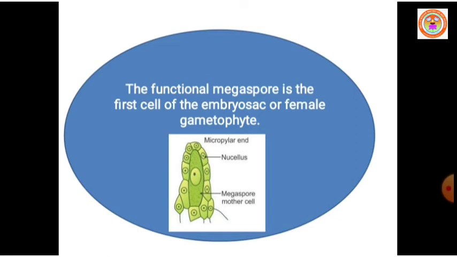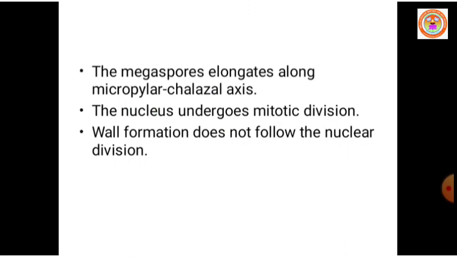The functional megaspore is considered to be the first cell of the embryo sac or the female gametophyte. The megaspore elongates along the micropylar and chalazal axis.